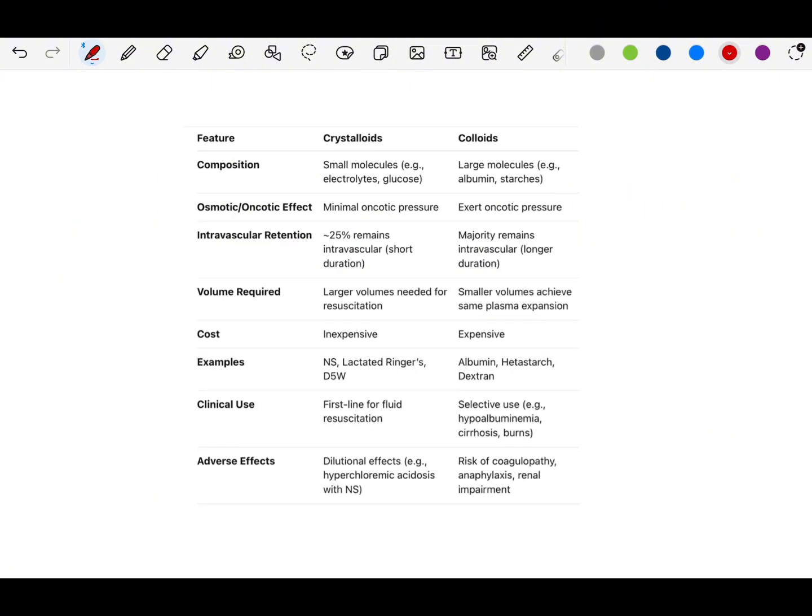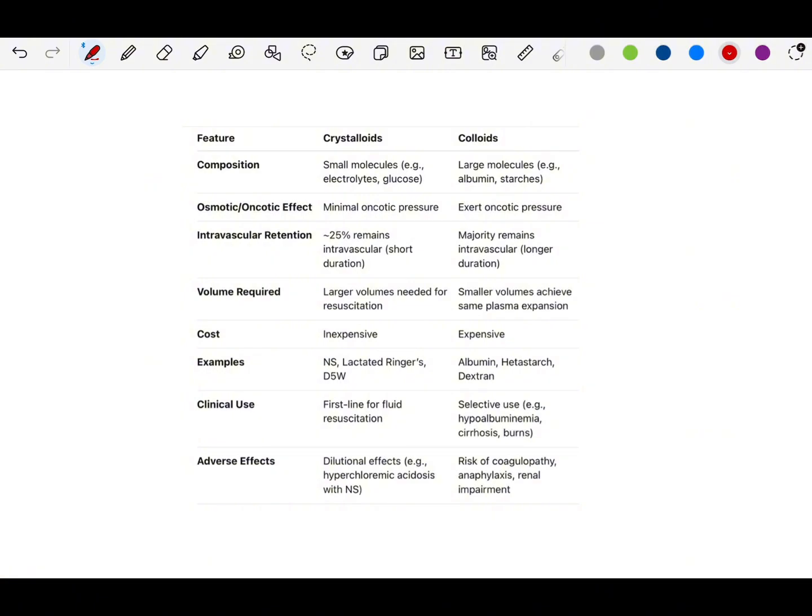Very quickly, here's just a basic table that I threw together about the difference between the two. So again, let's think about composition and size. Crystalloids, small, colloids, big. Osmotic/oncotic effect. Crystalloids, not really doing anything, again, because the molecules are small and they're moving back and forth between interstitial and intravascular. Colloids, they're big molecules, so they tend to stay intravascular and they do exert that oncotic pressure.